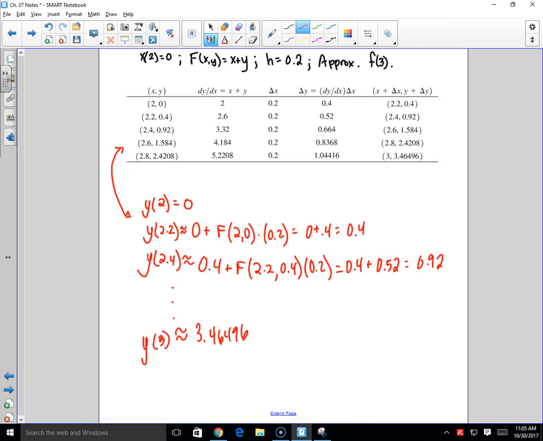You would end up here naturally. This one, you would have to state from this, f of 3 is approximately 3.46496. So the table, you need to actually state that, whereas this one you'll naturally get. Sound good?